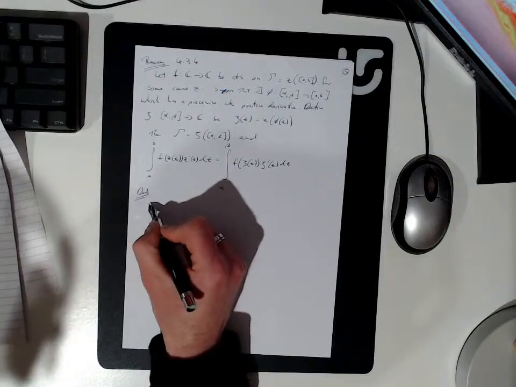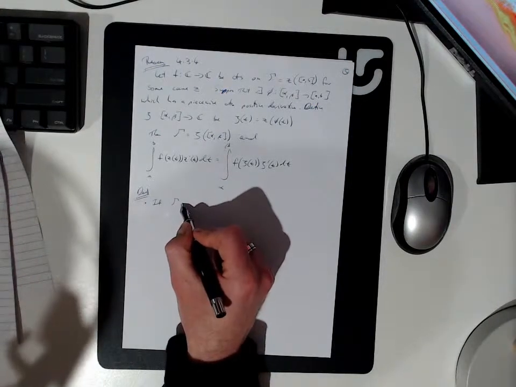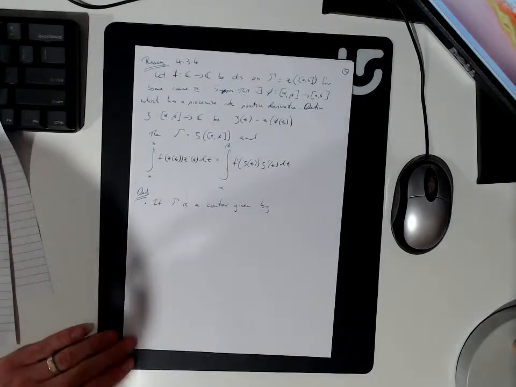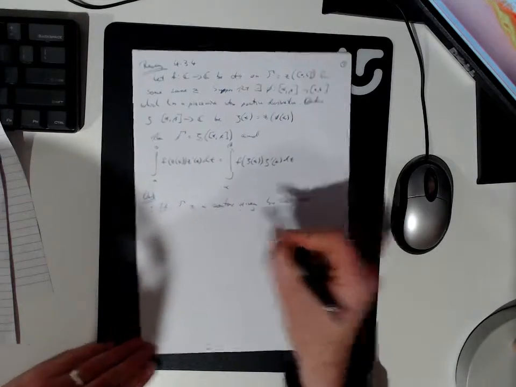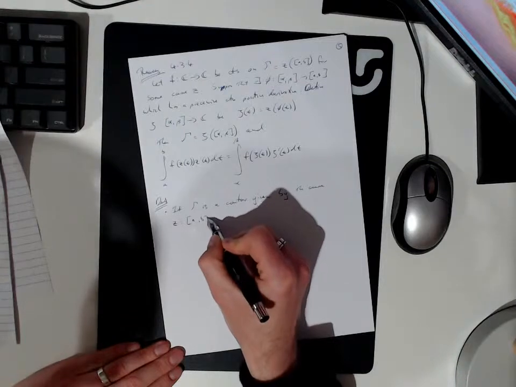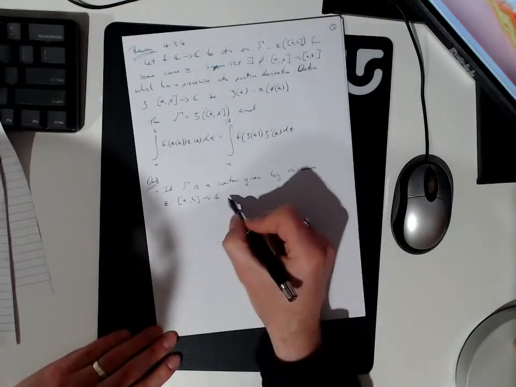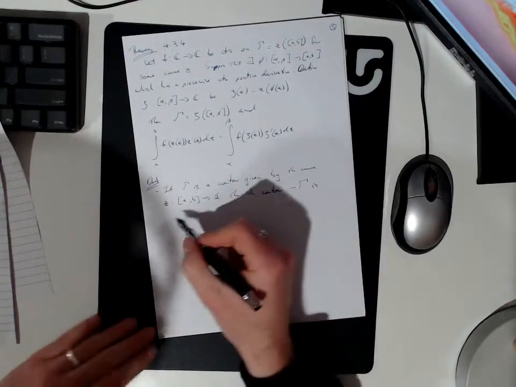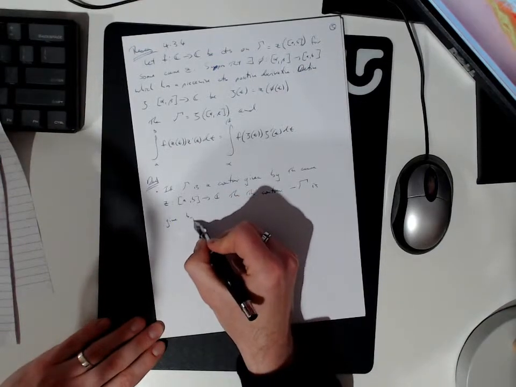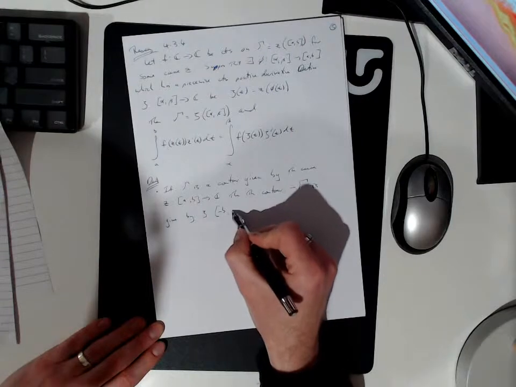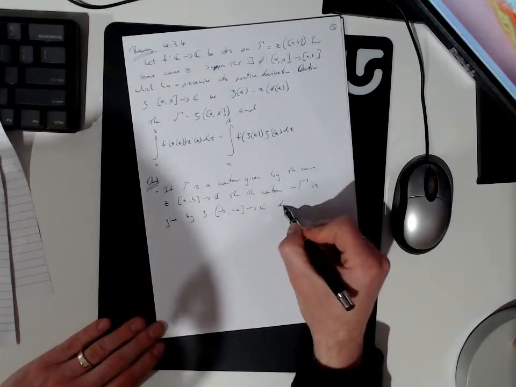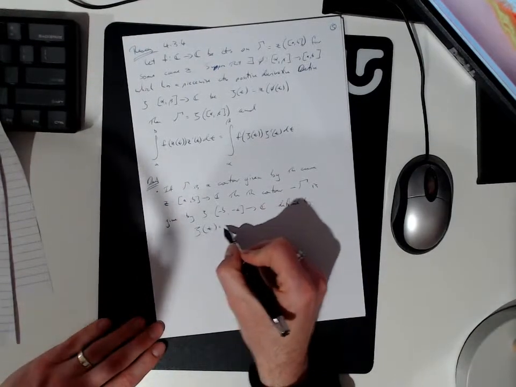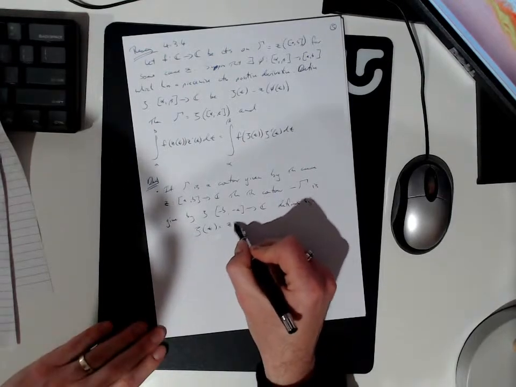Definition: if gamma is a contour given by the curve z going from a to b into the complex numbers, then the contour minus gamma is given by zeta from minus b to minus a into the complex numbers, defined by zeta of t equals z of minus t.